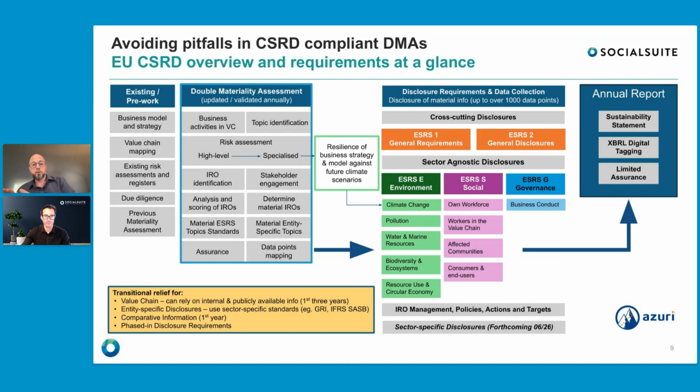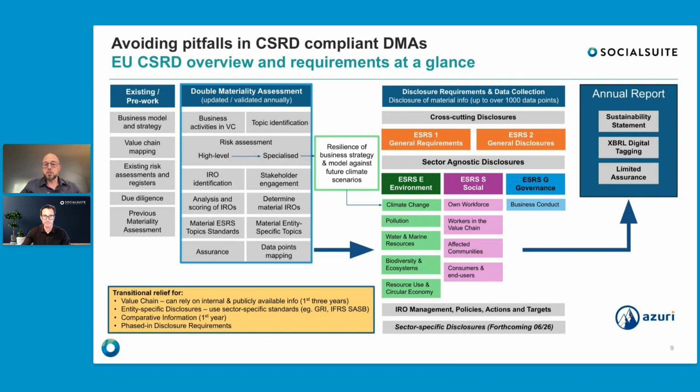As we move further right along the diagram here, you'll see disclosure requirements and data collection. Once you've identified those impacts, risks, and opportunities, then there are requirements for disclosure, both in terms of how you're managing those IROs and metrics related to those IROs. People are very familiar with greenhouse gas emissions, scope 1, scope 2, scope 3.